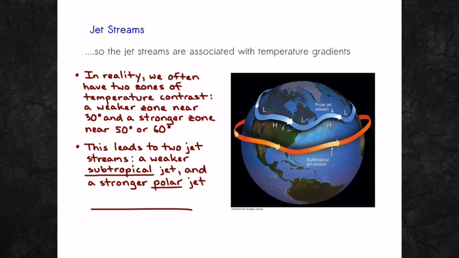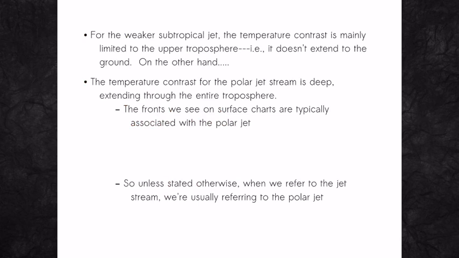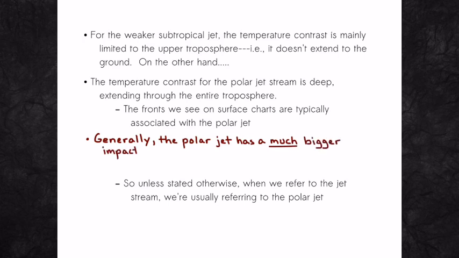It's additionally quite a bit stronger because the temperature contrast associated with this jet was much stronger. So if you put those two things together, the fact that the subtropical jet is weaker and doesn't extend all the way down to the ground, what you can infer is that generally the polar jet has a much bigger impact on weather.